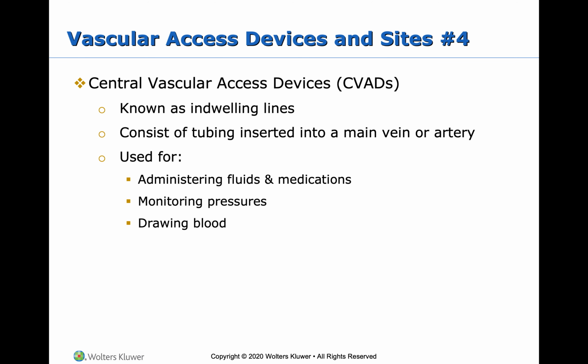Okay, central vascular access devices, also called CVADs. There's 3 different types that we're going to go into, but they're known as indwelling lines. They consist of tubing inserted into a main vein or artery, and they are used for administering fluids and medication, monitoring blood pressures, and drawing blood.